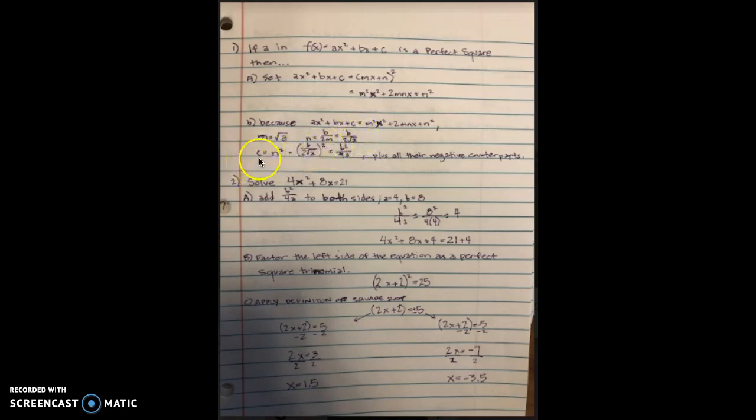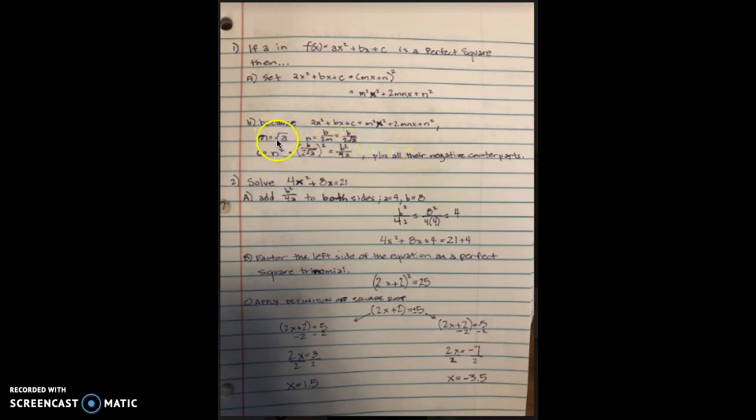And our n squared is basically c, and because n squared is equal to this squared, we're basically getting the square root of this: b divided by 2 times the square root of a, squared, equals b squared over 4a, plus all the negative counterparts of that.